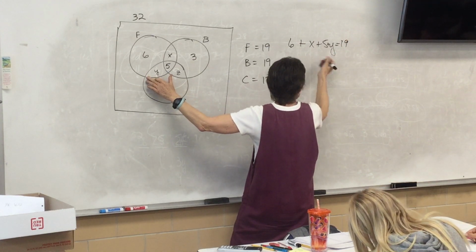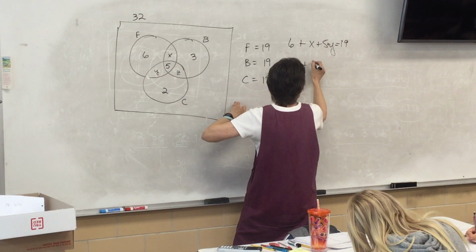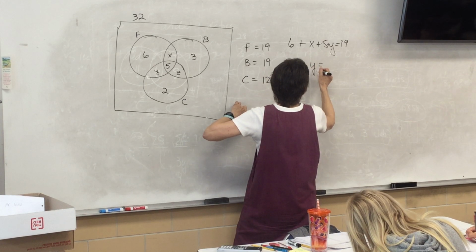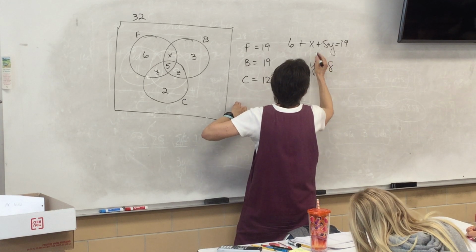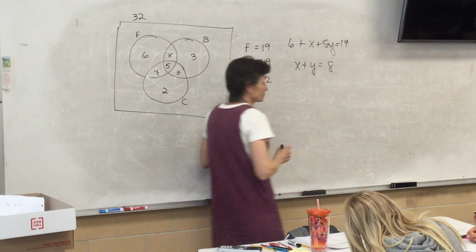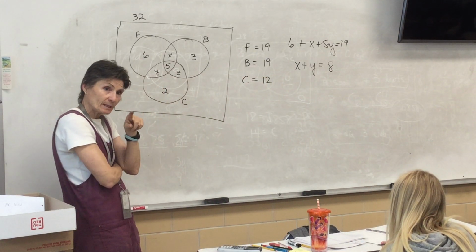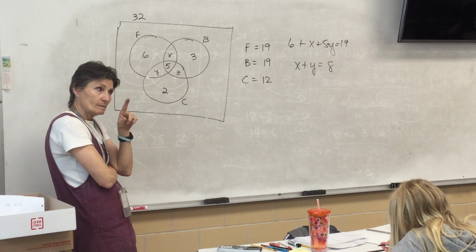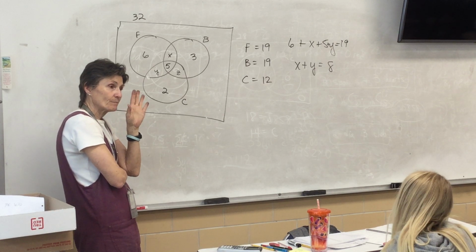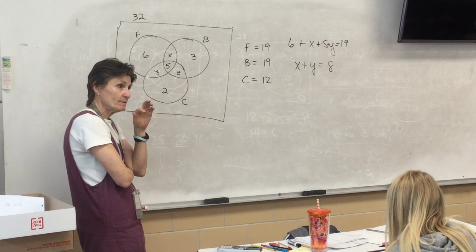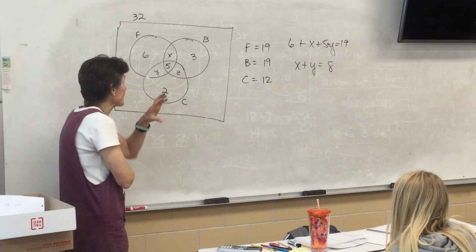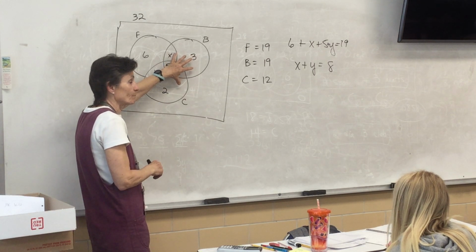So that means if I simplify that equation, X plus Y equals 8. Is that okay with everybody? We good? Now, can we do the same thing for the Buicks?